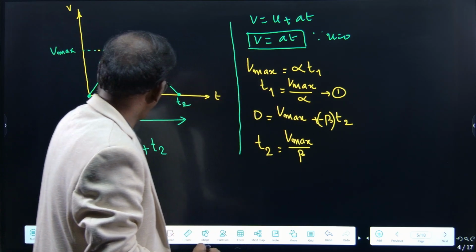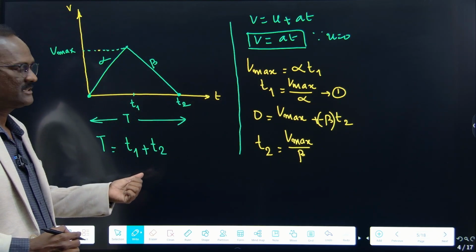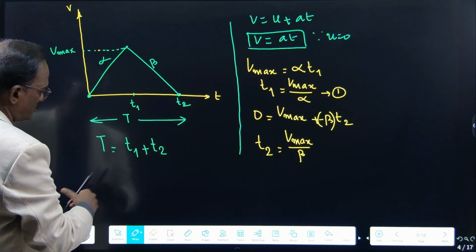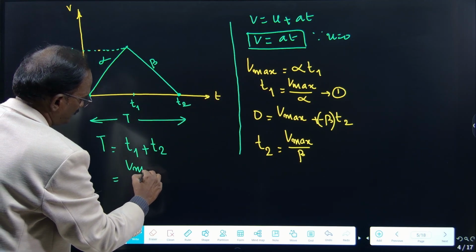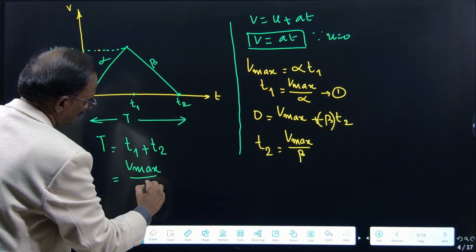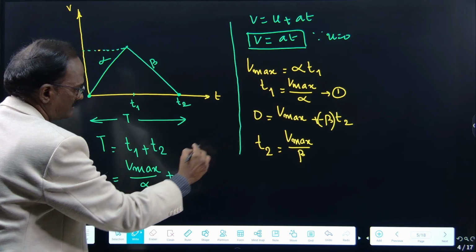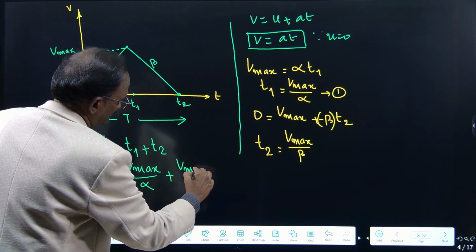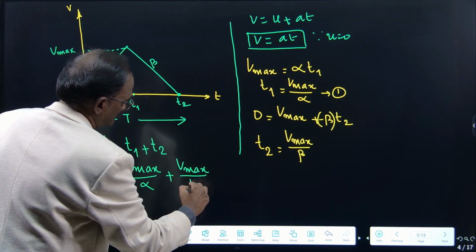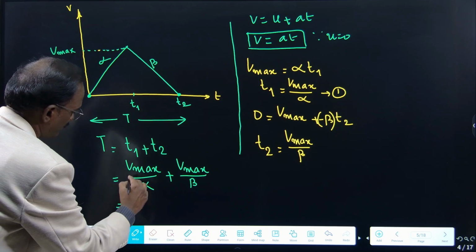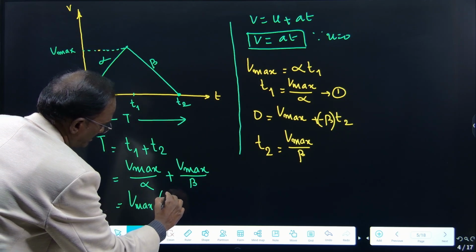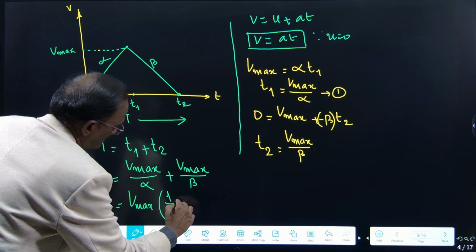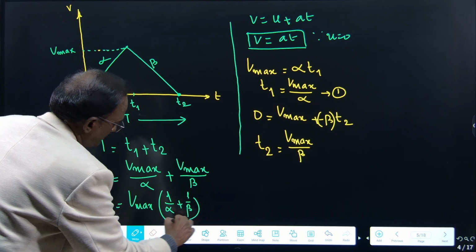So total time T is equal to T1 plus T2. T1 is Vmax by alpha, T2 is Vmax by beta. So Vmax can be taken outside: 1 by alpha plus 1 by beta.